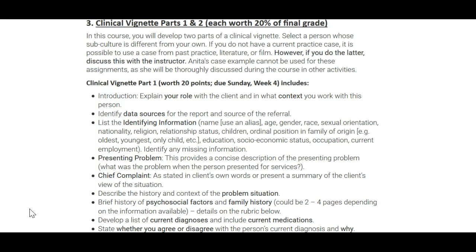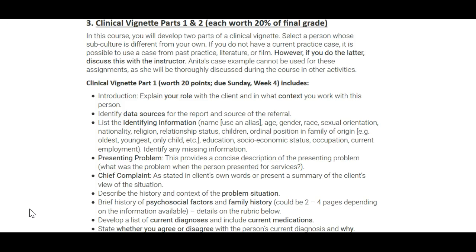And it's okay if you're not the therapist or the clinician, just explain your role with the client and in the context of your work with the person. So, of course, it's clinical work if you're acting in a clinical role. If you're the case manager or if you're their advocate, let's say, you just want to explain the context in which you work with the client.